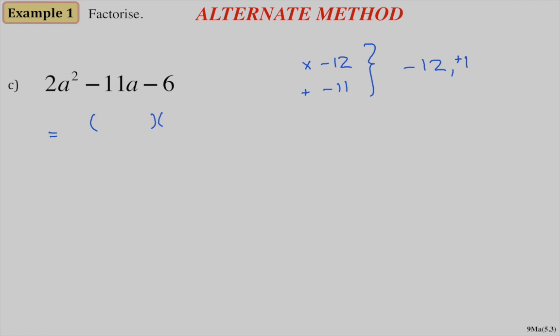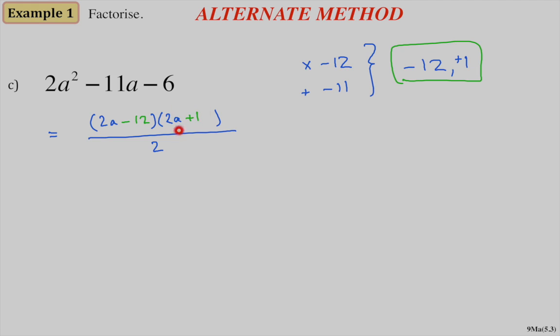Double bracket over. Now this question has a's in it, and because in front of the a squared I have the number 2, I'm going to go 2a in each bracket all over 2. What else do I put in the brackets? Well, because I have a minus 12 and a plus 1 as my two numbers, minus 12 plus 1 go in the brackets. Now, looking at this 2, it's going to cancel with one of the two brackets.